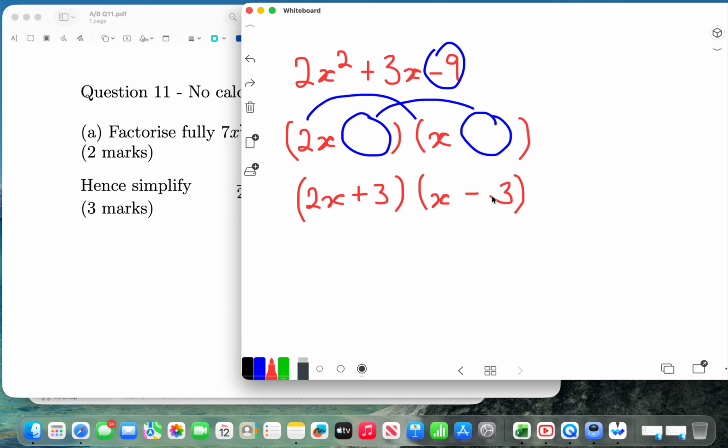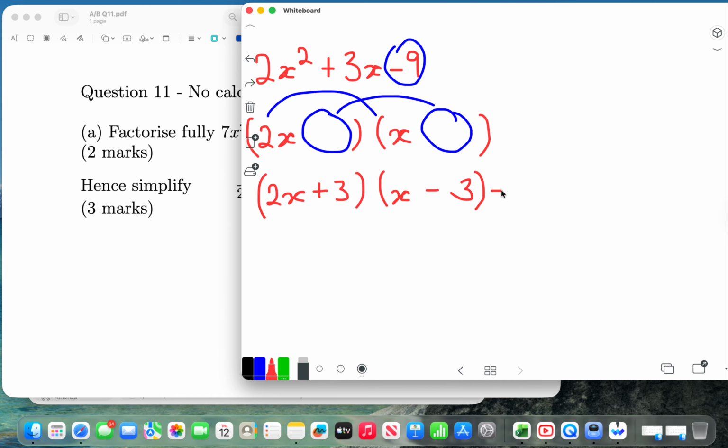But if we expand this out, we get 2x squared. We're then going to multiply the 2x and the -3, because x minus 3 is just an x and a -3 adding each other.